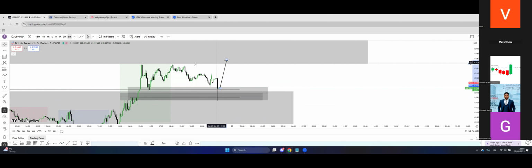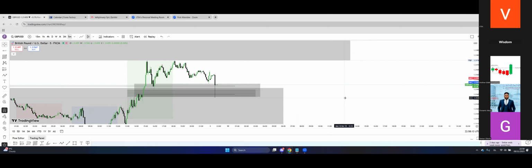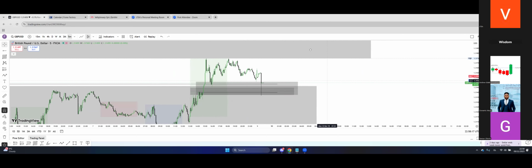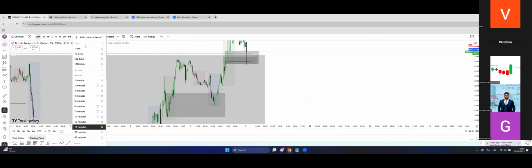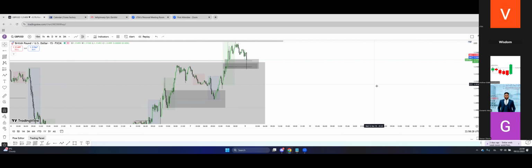Price has already tapped in. So this is just the same thing. Then from here you can start coming down. It doesn't really matter. But this is what I would like, and I believe it's going to do so.